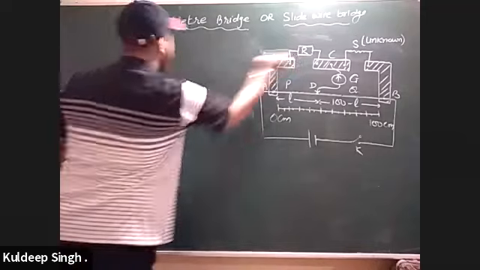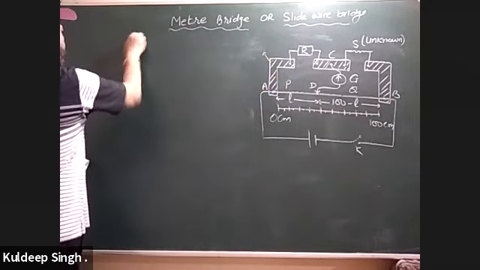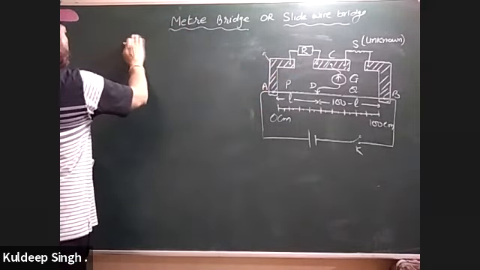Question number 2: When R equal to 2 ohm and S greater than 2 ohm are connected as shown in the figure.